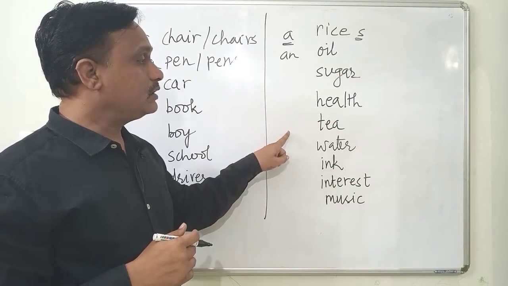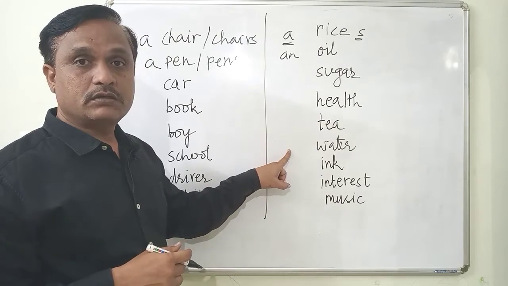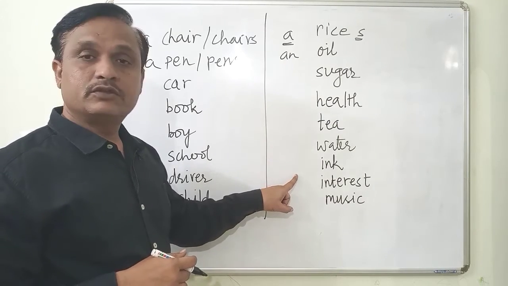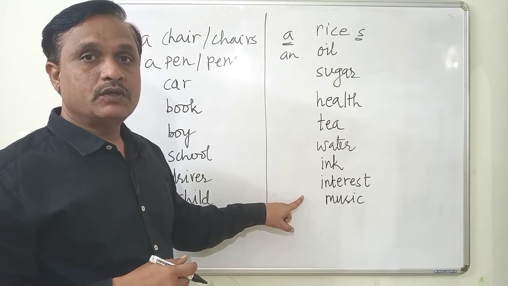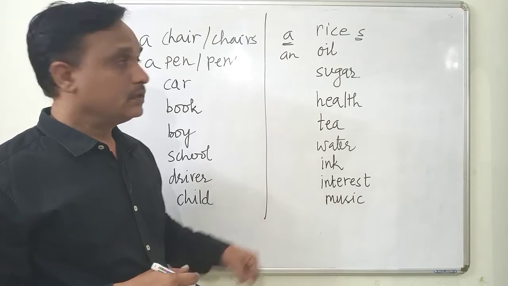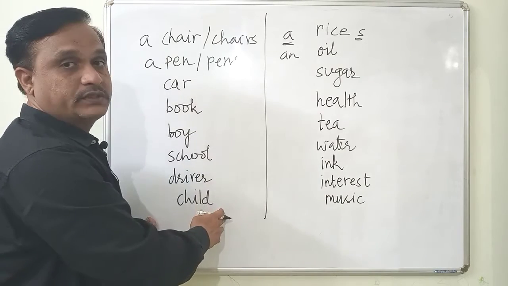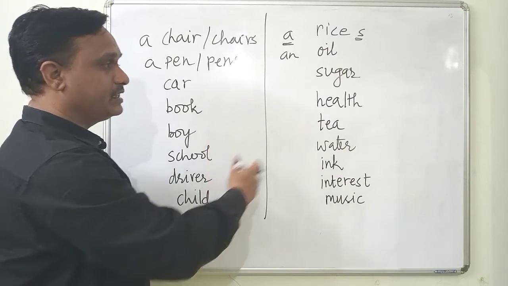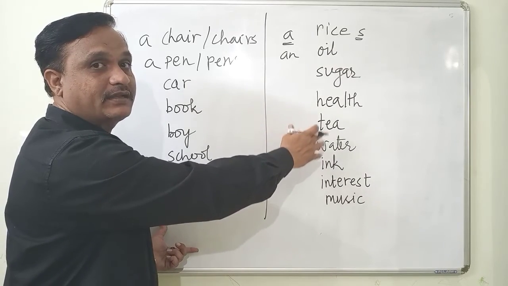Tea. A tea? Teas? No. Water? A water? No. Inks? No. Interest? A interest? An interest? No. Music? A music? No. So here it is very clear that these nouns can be counted and these nouns cannot be counted like this, with a or by adding s.